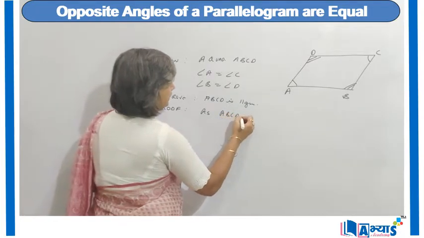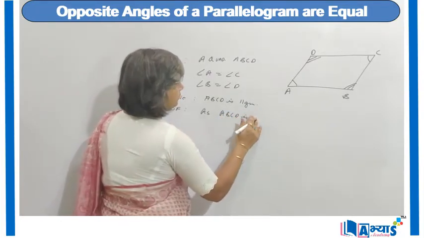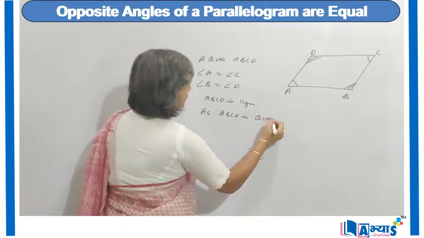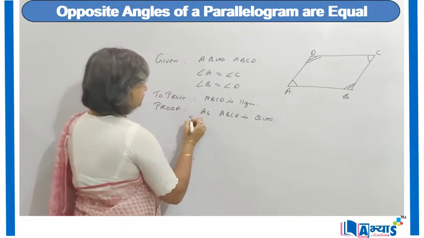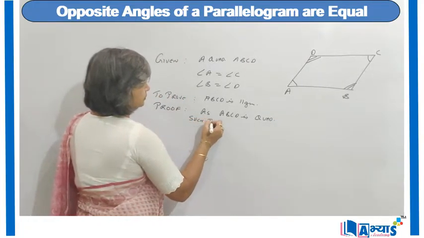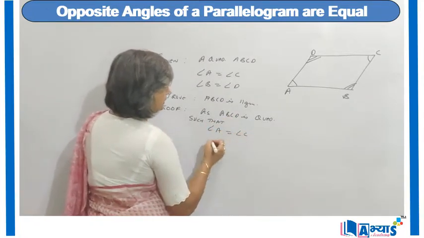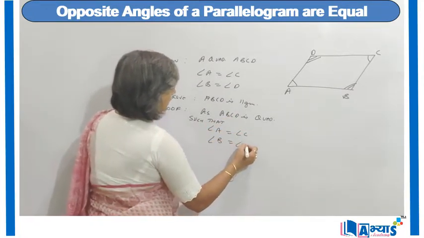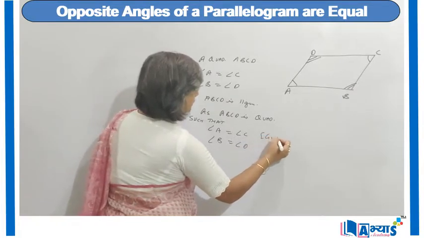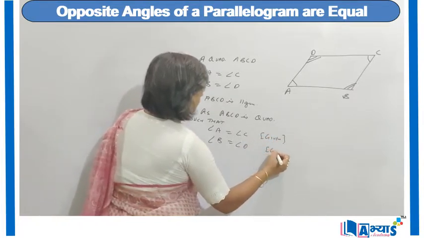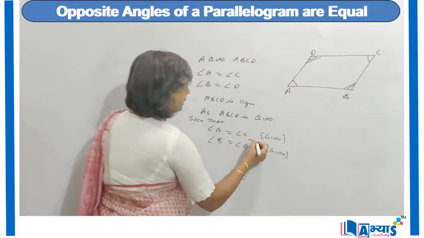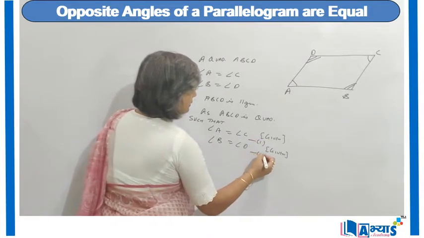ABCD is a quadrilateral such that angle A is equal to angle C, angle B is equal to angle D. It has been given to us. Let us mark it as equation 1 and this as 2.